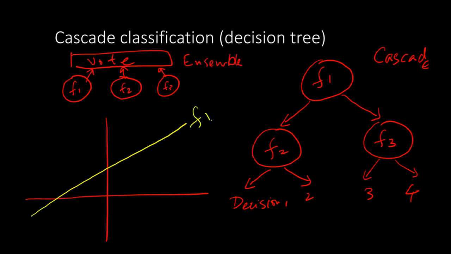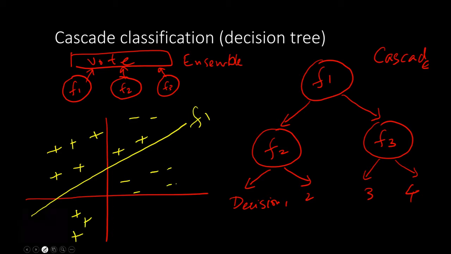Let's say these are your positive points, largely positive, though some of them are negative, and these are largely negative, though some of them are positive. This is the best we could do with a single linear classifier.